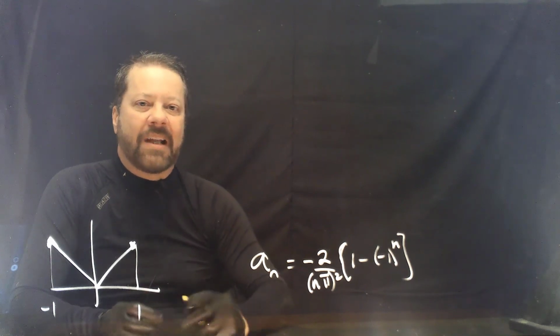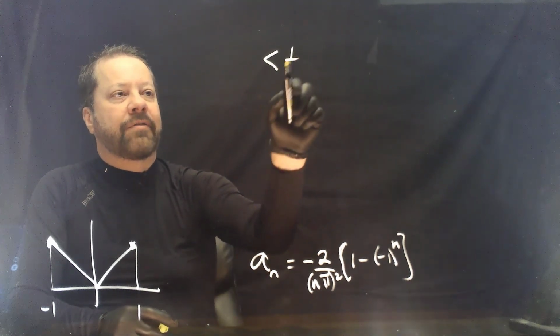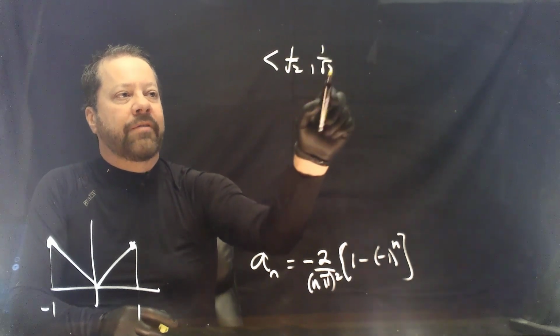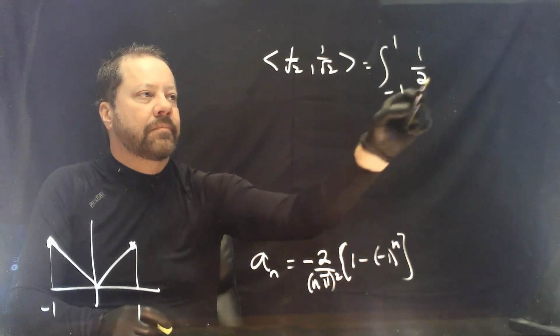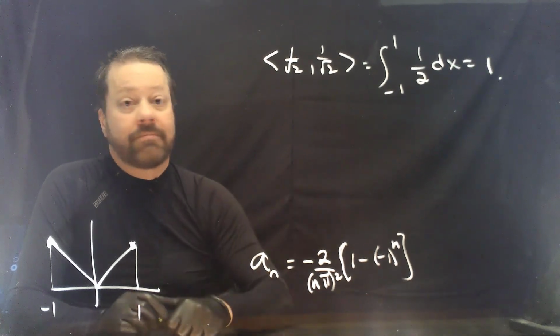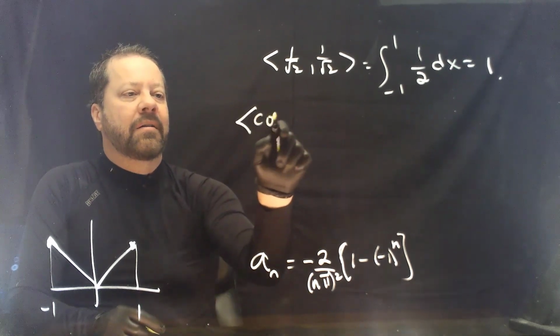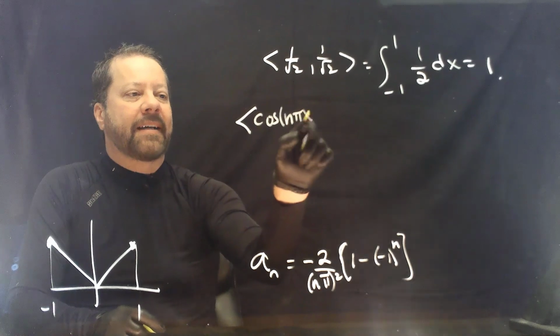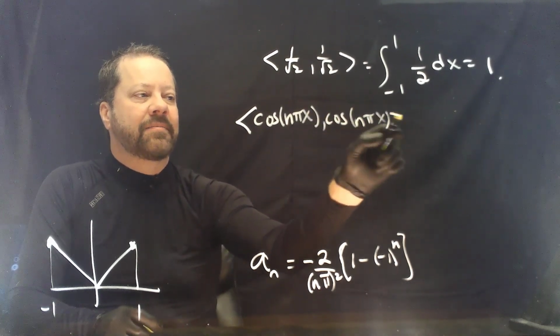We didn't normalize the basis in this case. So let's take the inner product of 1 over root 2 and 1 over root 2. Well, I guess that is normalized. How about our cosine n pi x and cosine n pi x?